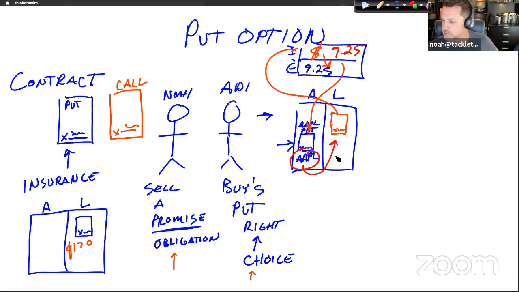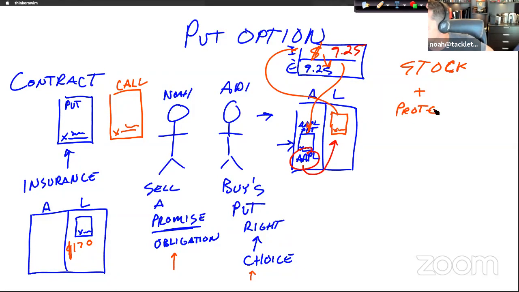And that creates what's called a collar. So, when you own the stock, let me pick a new color here. If you have the stock and you buy the protective put, he's covered.